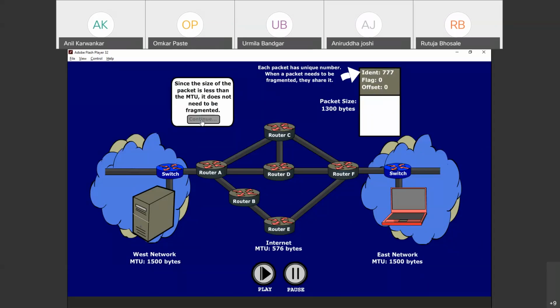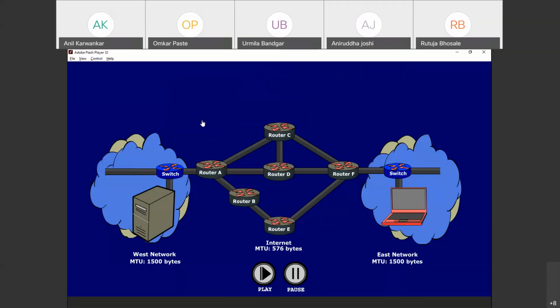Listen very carefully. Since the size of the packet is less than the maximum transfer unit of 1500 bytes, it does not need to be fragmented. Since the packet size is 1300 bytes, no fragmentation is required.